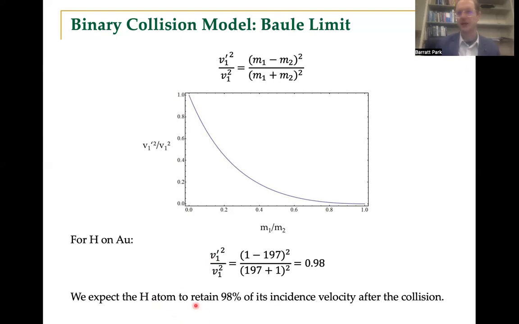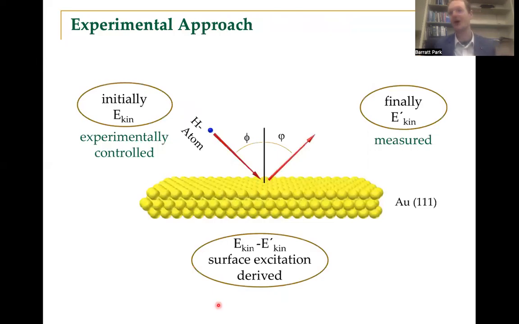So if hydrogen atoms can only dissipate 2% of their energy when they strike a gold surface, how are they ever going to be able to stick to the surface? They're never going to be able to dissipate enough energy in order to stick. The answer is that there are other mechanisms for energy dissipation. These can be investigated experimentally by doing a scattering experiment.